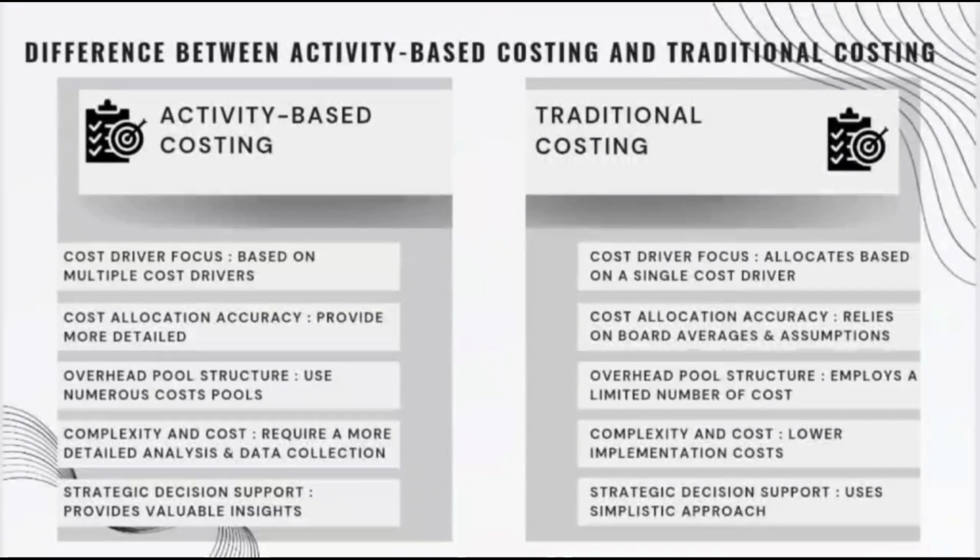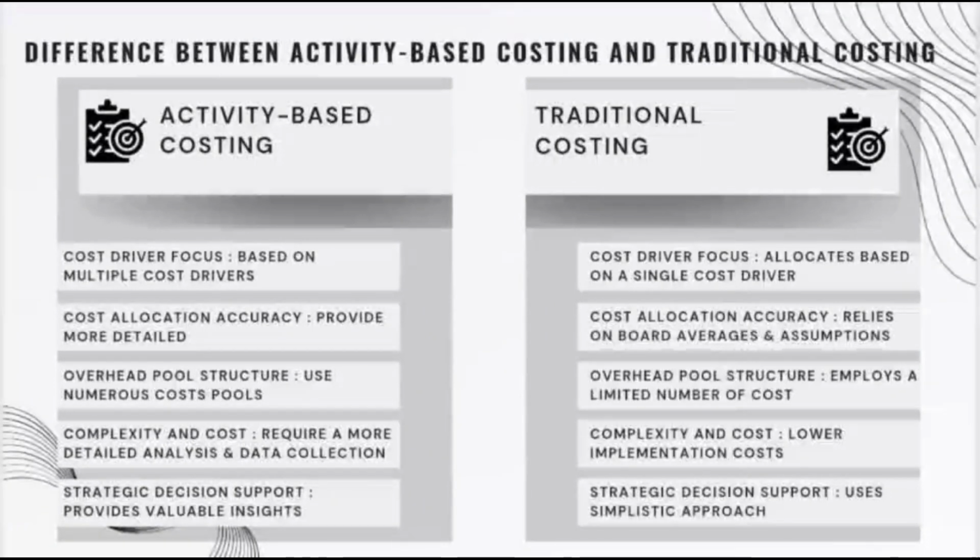Lastly, strategic decision support. Activity-based costing provides valuable insight into the cost structure of products or services. By identifying the activities that drive costs, it helps management make more informed decisions regarding pricing, process improvement, or cost reduction initiatives.